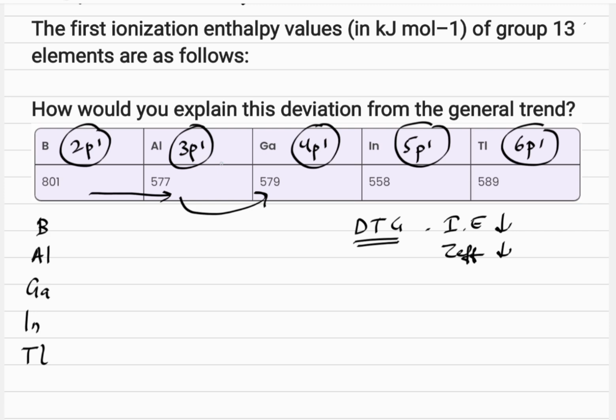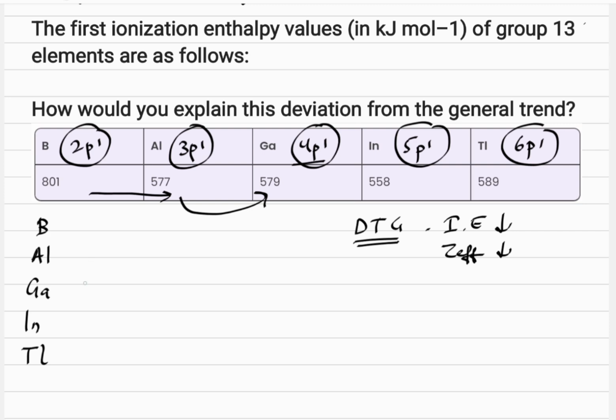So after aluminium, 3p gets completely filled, and then 4s gets completely filled, and then 3d gets completely filled, and then 4p1 gets filled. In gallium, 4p1 is the configuration. That means before that, 10 electrons in the 3d subshell are there.